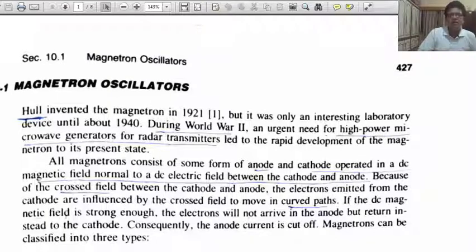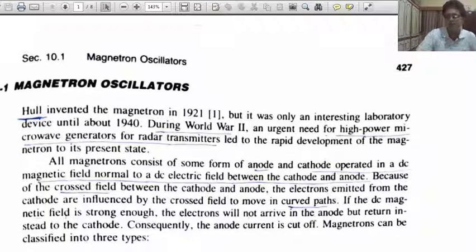If the DC magnetic field is strong enough, the electrons will not arrive at the anode, but return instead to the cathode. As we saw in the last lecture, consequently the anode current is cut off. This is known as the cutoff condition.